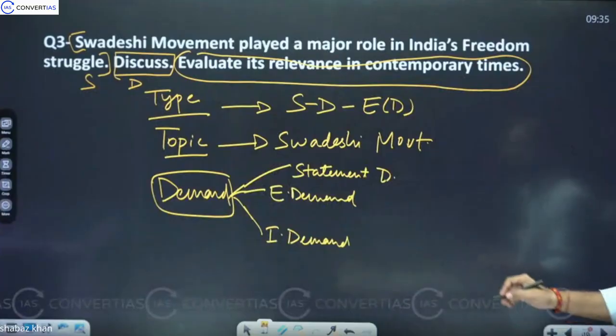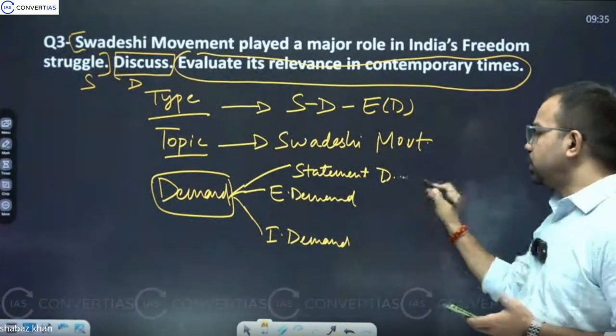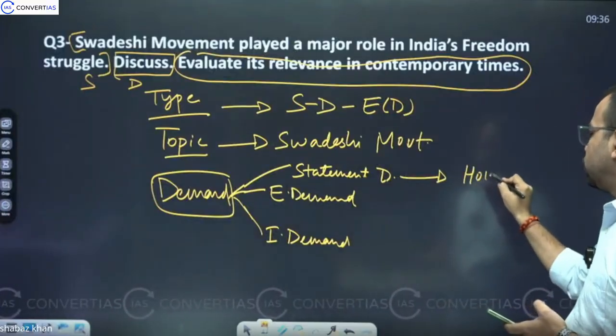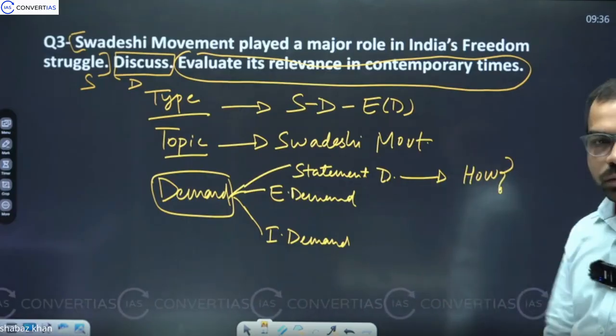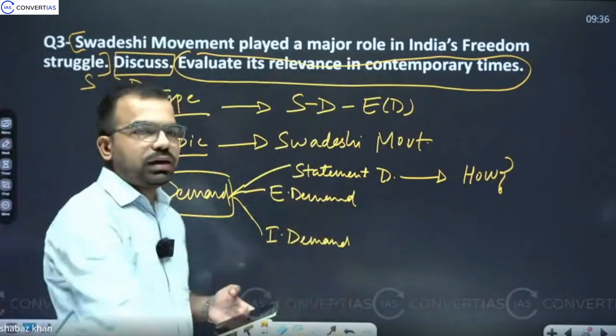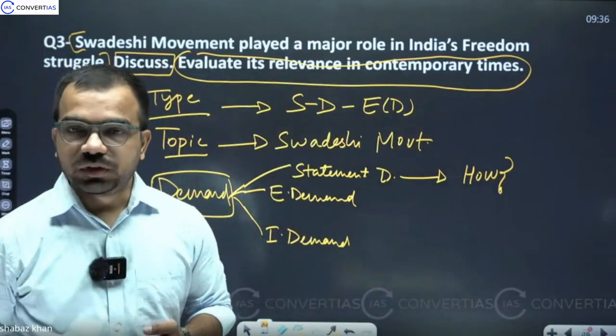There are certain demands here. Swadeshi movement played a major role in India's freedom struggle. You are going to accept the statement and show how. Yes, address the statement. How exactly it played the major role in India's freedom struggle. Yes.